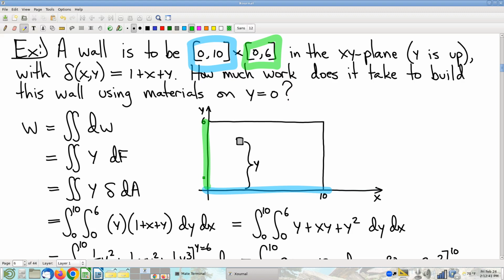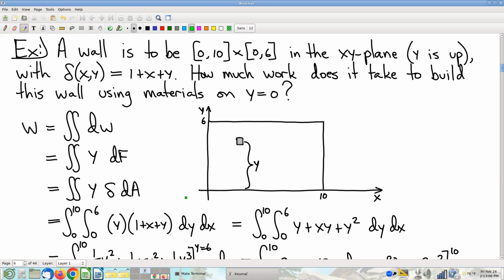And let's suppose that it's made out of stone or brick or something heavy, where you're actually concerned about the effort, the work of having to pick up these heavy things and lift them up off the ground up to where they're going to be in the wall, and that's going to add up to a lot of work if these are heavy stones or what have you. And so, how much work does it take?